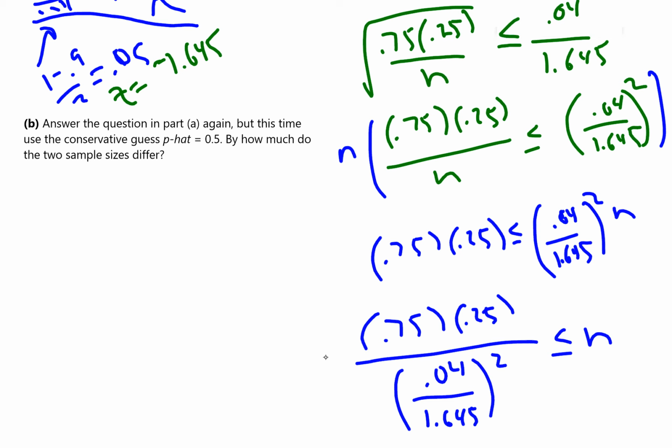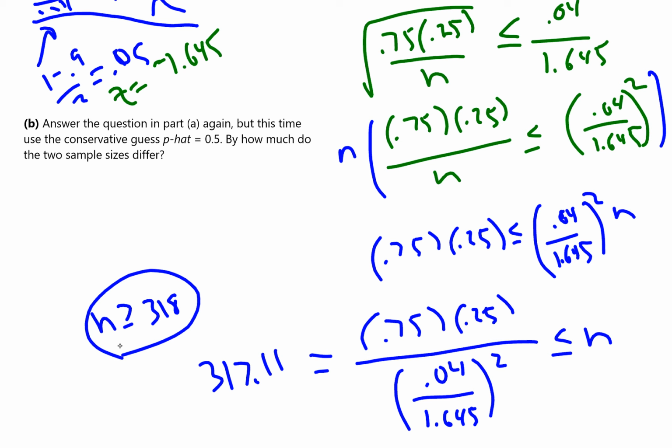So this turns out to be about 317.11. You're going to want to round up here because if we round down to 317, then n is going to be just a little bit too small to make this margin of error small enough. So what we end up saying here is that n has got to be greater than or equal to 318. So that's what we have.